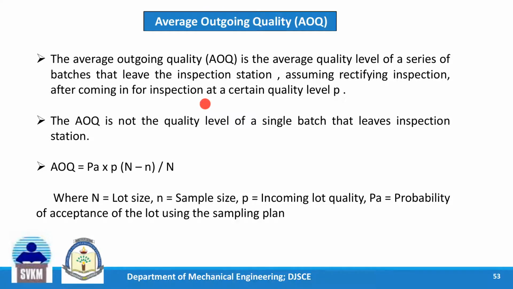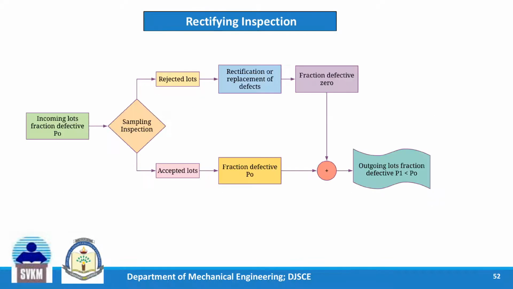We have seen in the previous slide that because of this rectifying inspection, those lots which are rejected are replaced, after carrying out 100% inspection, with good products, and that's the reason why they will have zero defectives, and they are going to mix with these accepted lots. So the overall average defective would be reduced.